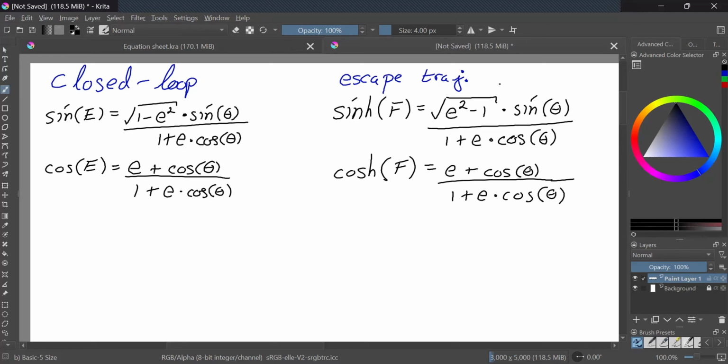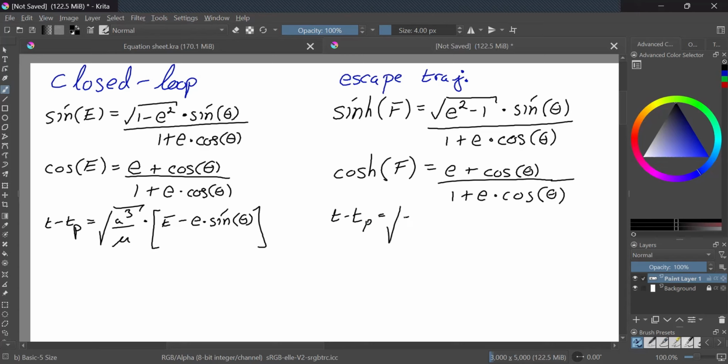To that end, we can also see that our time of flight, with reference to the periapse, is such. Similarly, over here, the time of flight from periapse is equal to the square root of minus a cubed. Remember that this is a hyperbolic time of flight, so our semi-major axis is negative.